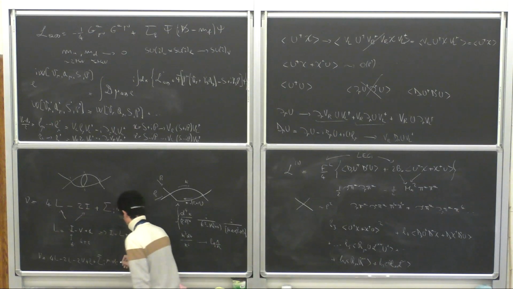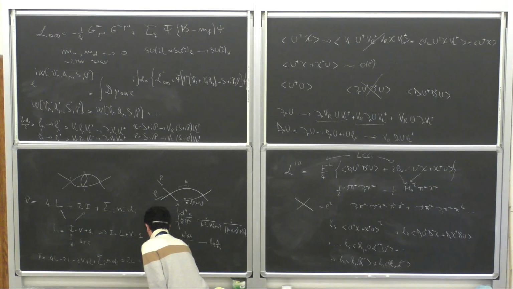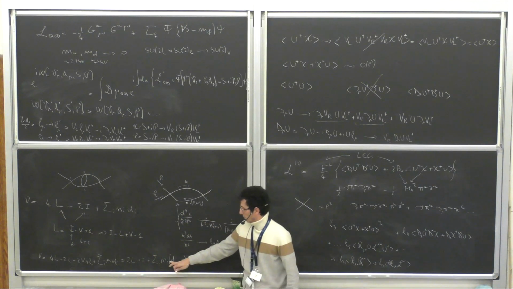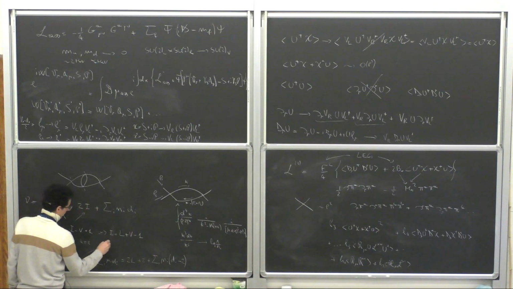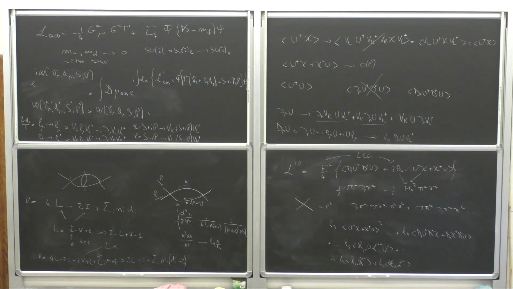And then you see that you can write it like that: 2L plus 2 plus the sum over the number of vertices of type i times (d_i minus 2). See? Because the number of vertices is simply the total number of vertices of any type.